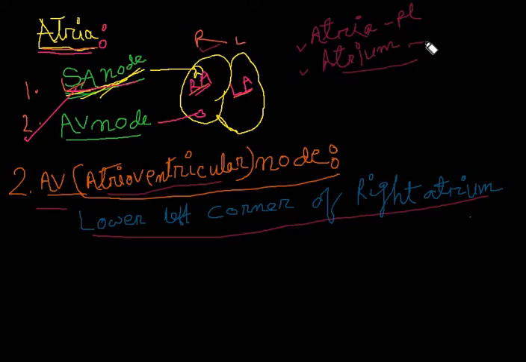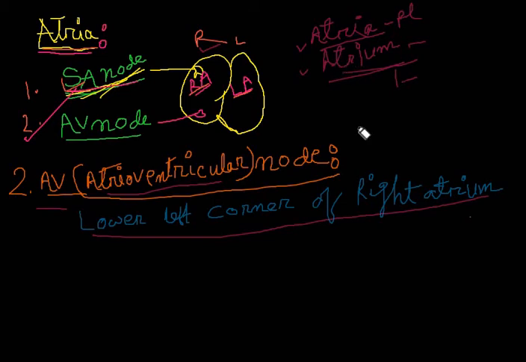We have to remember both are the same, the only difference is in their numbers. Atria is plural and atrium is singular. When we talk about a single atria, we call it atrium.